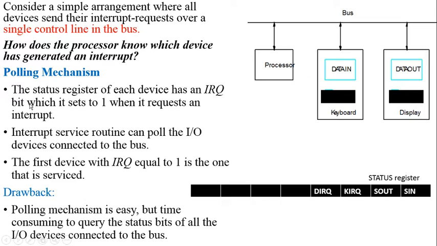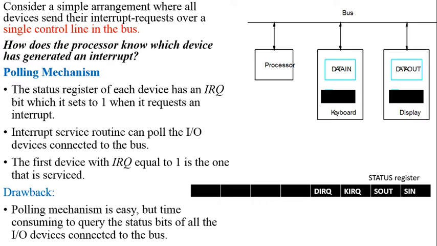We have already learned about polling in program controlled I/O, in which the processor continuously monitors the status bit information. Whenever the status bit equals 1, that means the device is ready for data transfer.